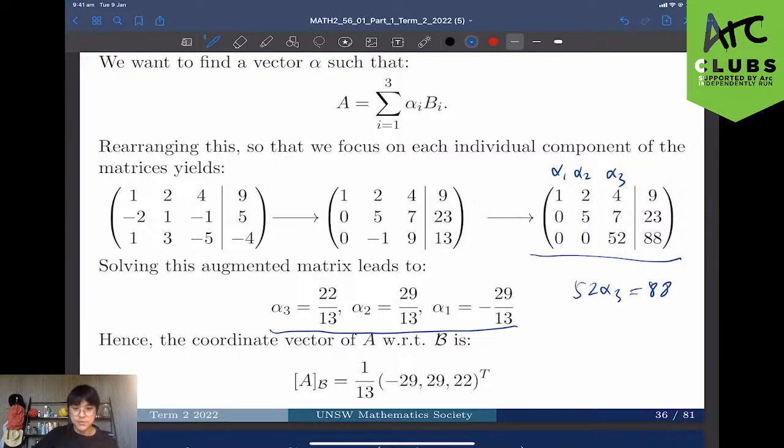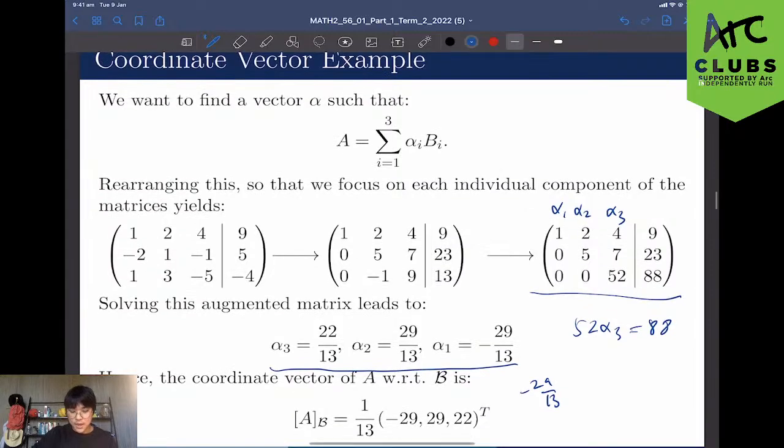And then therefore we have the coordinate vector. To check that this is the right coordinate vector, if we did a linear combination of minus 29 on 13 of the first matrix plus 29 on 13 of the second matrix plus 22 on 13 of the third matrix, we should get A.